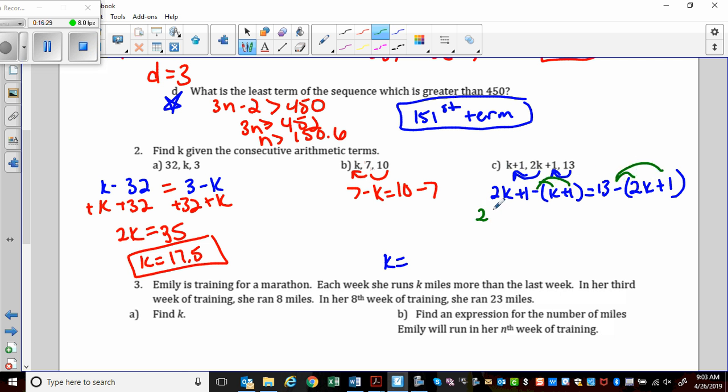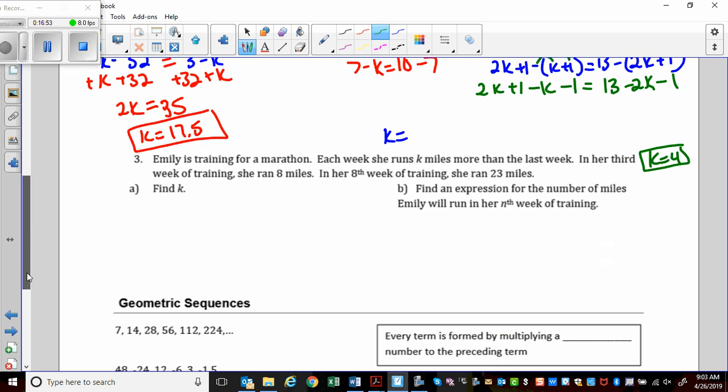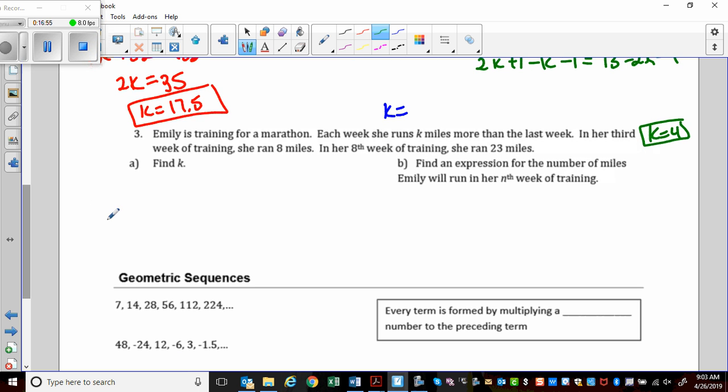So we have 2k plus 1 minus k minus 1 equals 13 minus 2k minus 1. I want you guys to try to solve this. Pause the video, try to solve this, and I'm going to tell you the answer. See if you get this answer. You guys can go ahead and try this.